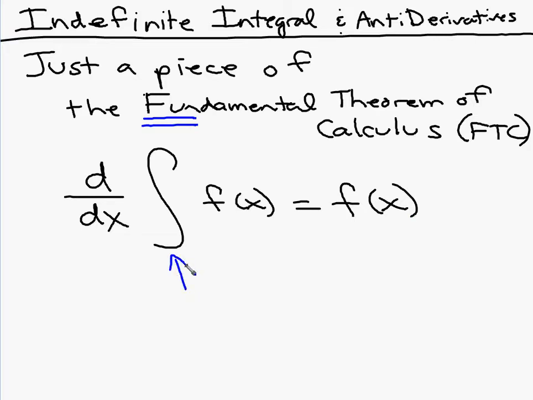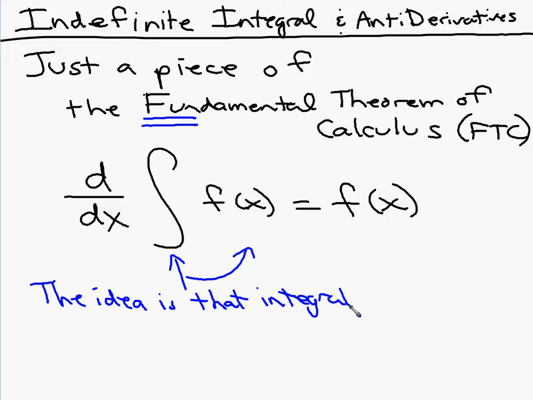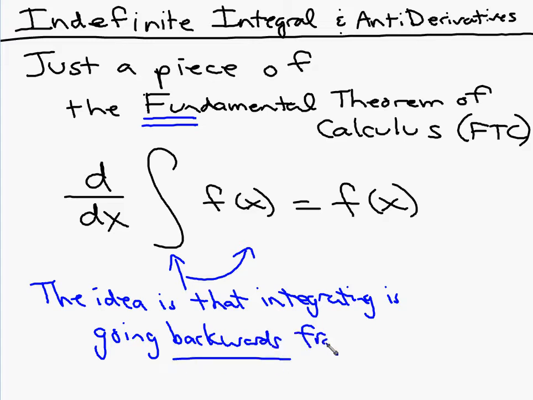The idea here is that if I integrate, we've been talking about this integral symbol, if I integrate a function, I can go backwards, all right? So the idea is that integrating is going backwards from differentiation.